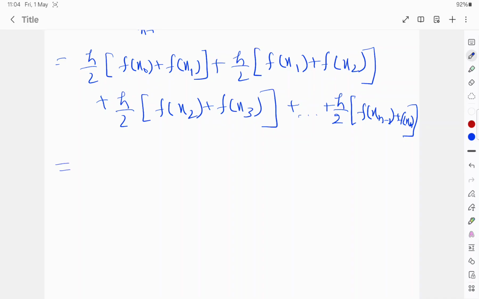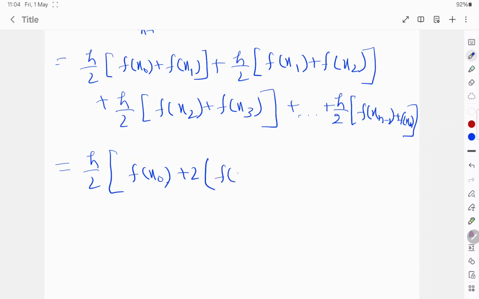Now if you take common h by 2, in this one you see f of x0 appears one time, f of x1 appears two times, f of x2 appears two times. In this way it goes, and the last term will appear one time. I think this is clear.